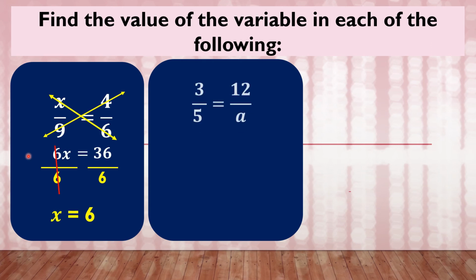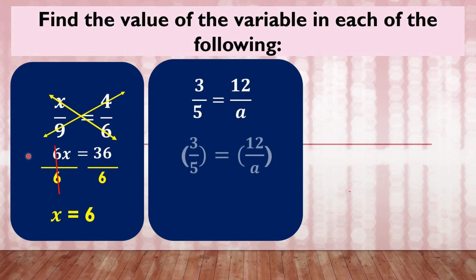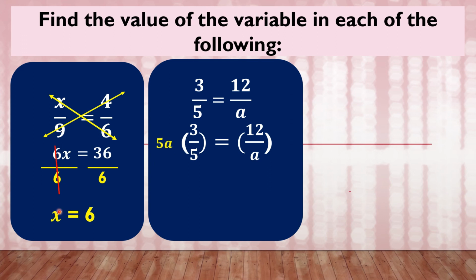Next, this one. Dito, kung ayaw mong mag-cross multiply, pwede rin naman na i-multiply mo silang dalawa ng kanilang LCD. We all know that the LCM of 5 and A is 5A.